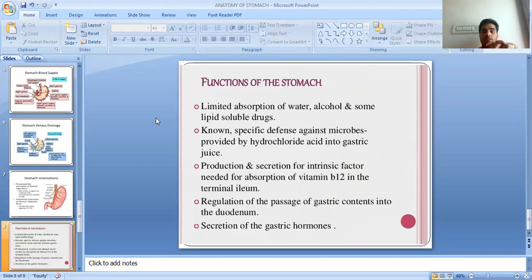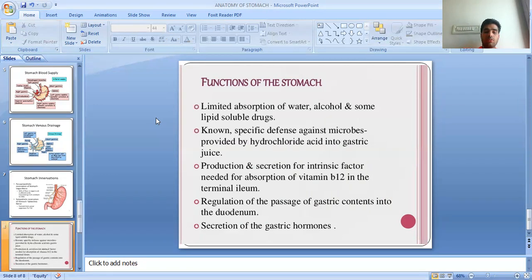Production and secretion of intrinsic factor needed for absorption of vitamin B12 in the terminal ileum, part of the small intestine. Regulation of the passage of gastric content into the duodenum. Secretion of gastric hormones. These are all the functions of the stomach.